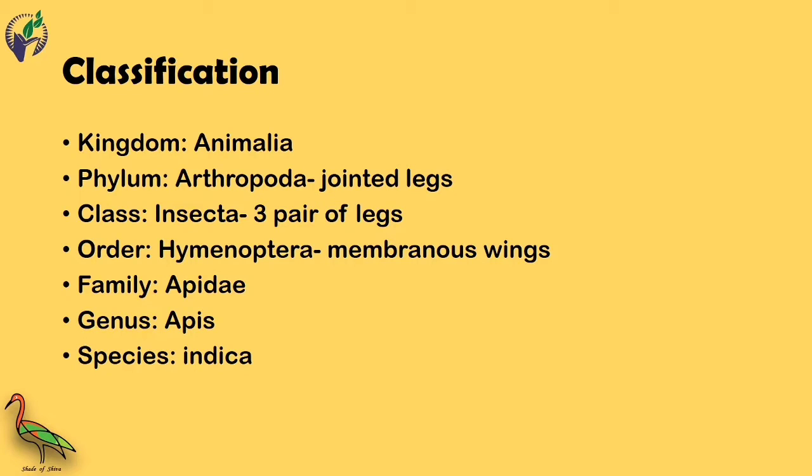Order is Hymenoptera, meaning having membranous wings. You all saw in the image the membranous, transparent wings. They belong to family Apidae. Their genus is Apis and species is indica. In India, Apis indica is the local species.